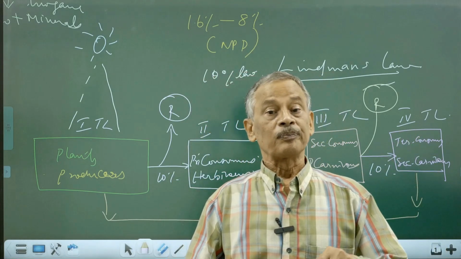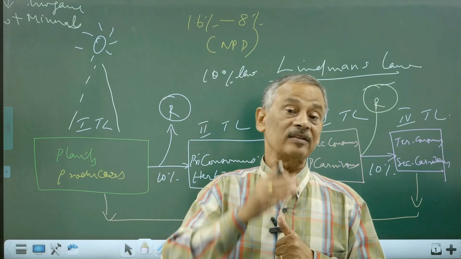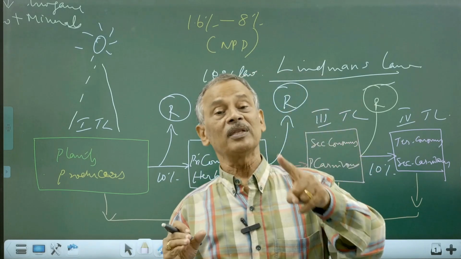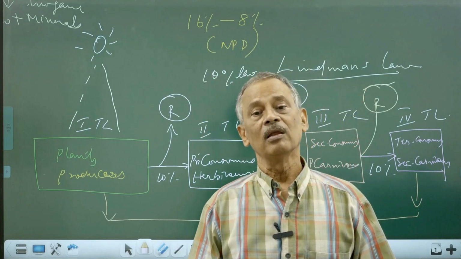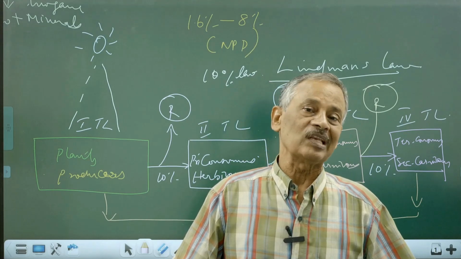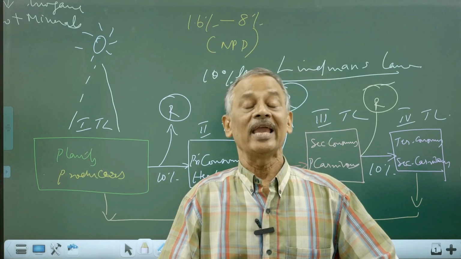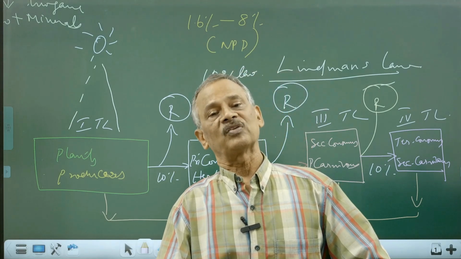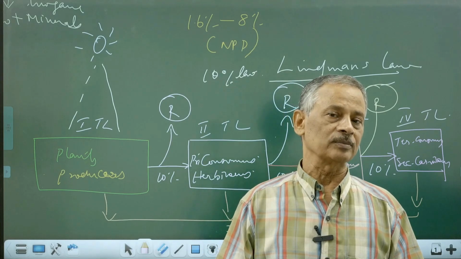Now, this basic idea that the energy flow will determine the biomass and number of organisms in each trophic level can be represented in a graphical form, which is called ecological pyramids.